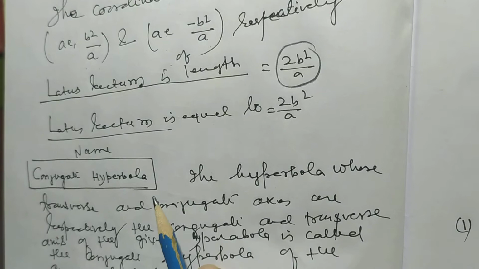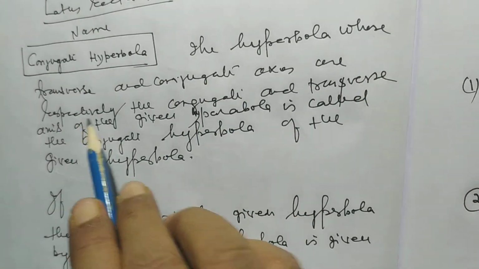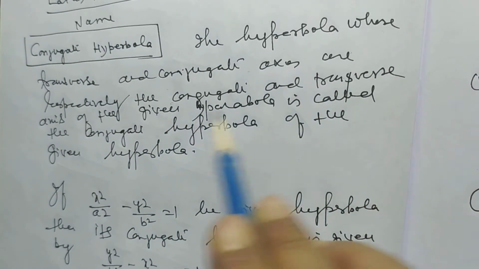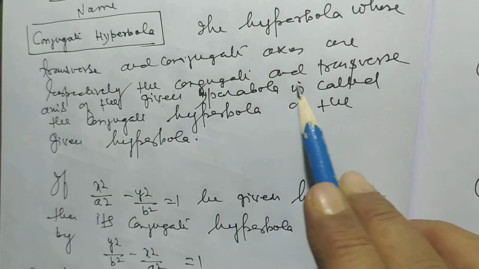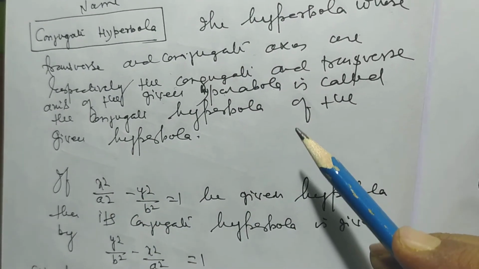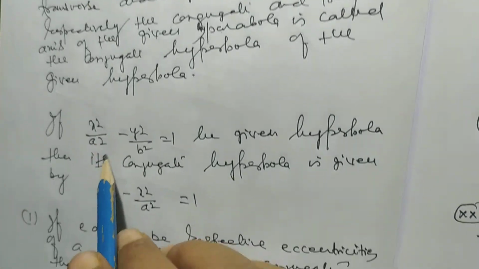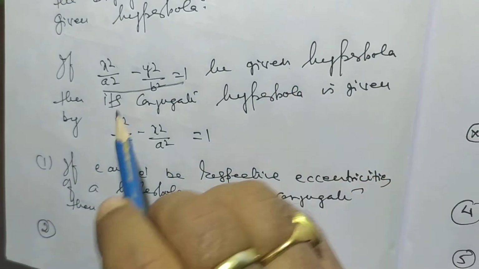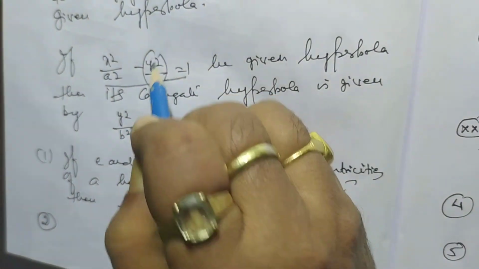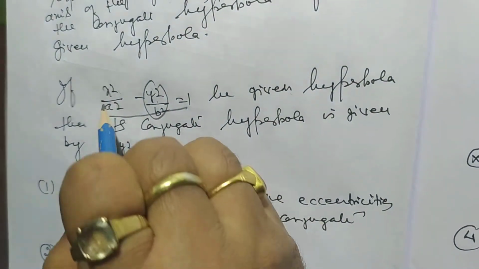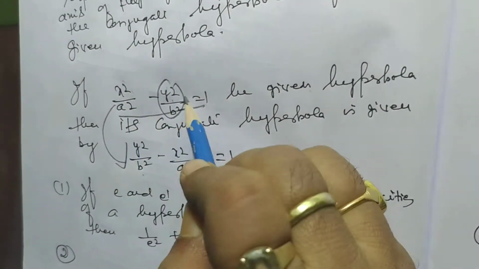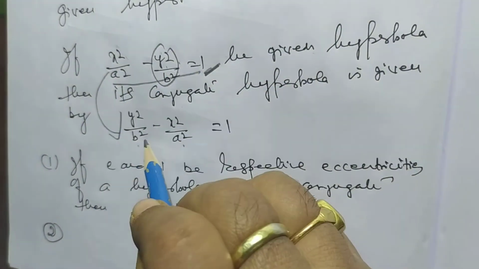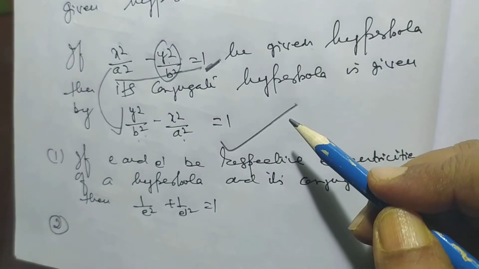Now the conjugate hyperbola. The hyperbola whose transverse and conjugate axes are respectively the conjugate and transverse axes of the given hyperbola is called the conjugate hyperbola of the given hyperbola. If x square by a square minus y square by b square is equal to 1 is the given hyperbola, then its conjugate is y square by b square minus x square by a square is equal to 1.